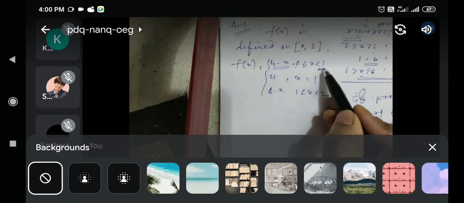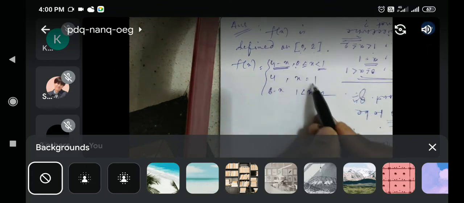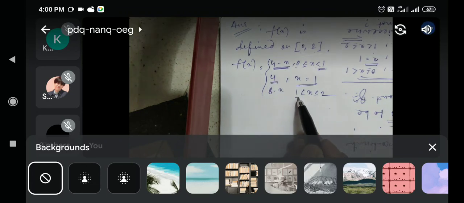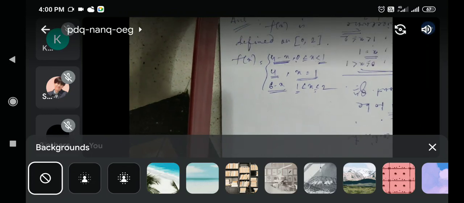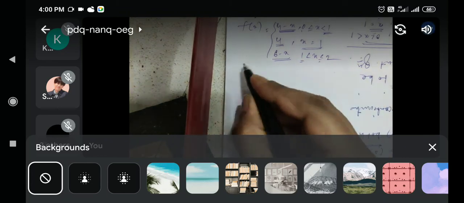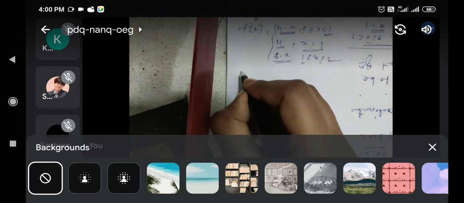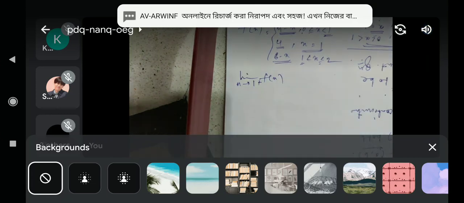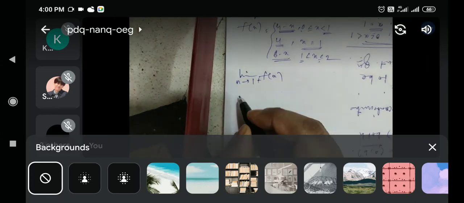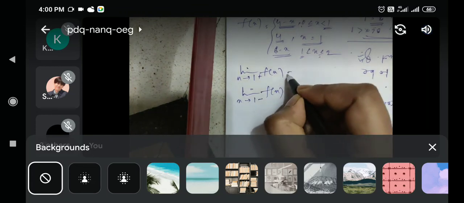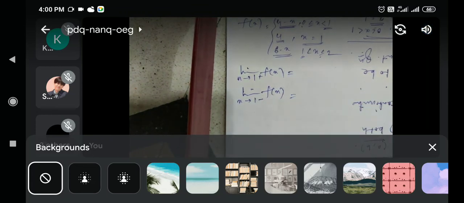But at 1, on the left hand side there is one value, at the point 1 there is another value, and for greater than 1 there is yet another value. So 1 could be the point of discontinuity, and we have to check at 1. So check the continuity at x equal to 1. That is, the limit as x tends to 1 plus of f of x and the limit as x tends to 1 minus of f of x. Check both the limits.